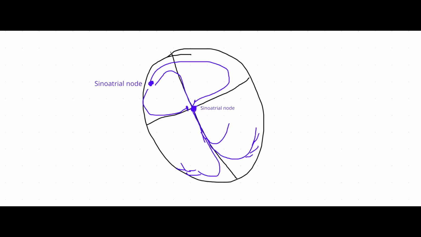So atrioventricular node. Junction, because sometimes they'll say junctional tachycardia. That's the AV node. Okay. Or an AV block. That's in the AV node.